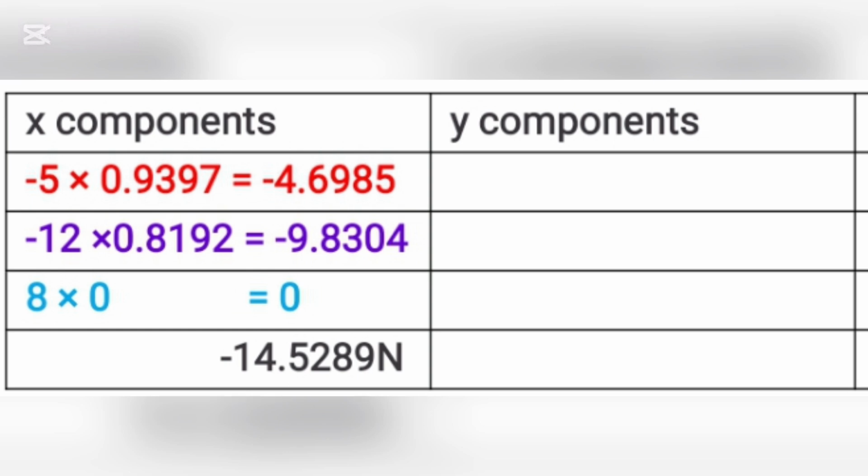Then we take minus 12 cos 35 degrees. Cos 35 degrees is 0.8192. We multiply this by minus 12, we get minus 9.8304. Then we have 8 cos 90 degrees. Cos 90 is 0. Multiply that by 8, you get 0.